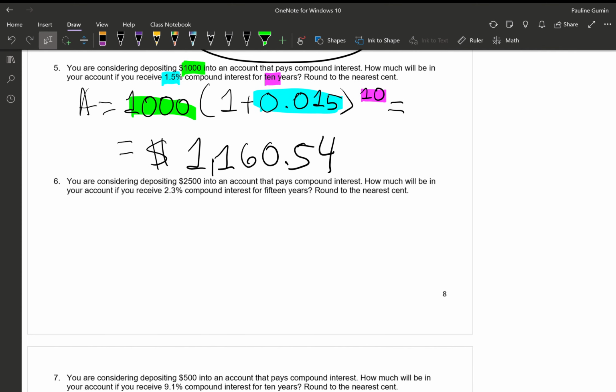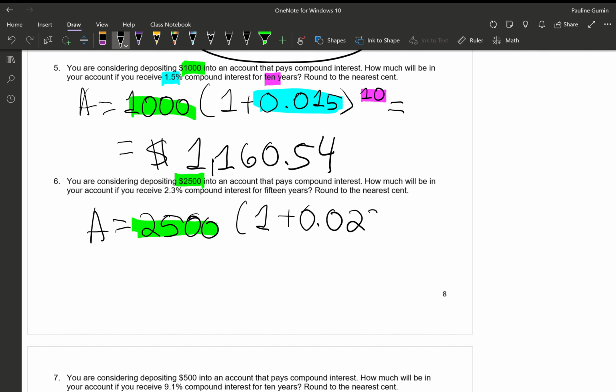All right, number 6, we're considering depositing $2,500. Okay, it's a little better. And how much are we going to receive in interest? We're going to receive 2.3%. Okay, that's a little better. As a decimal, 2.3% is 0.023. And we're keeping it for 15 years. Oh my. That's going to be a hard time to not just touch that money.